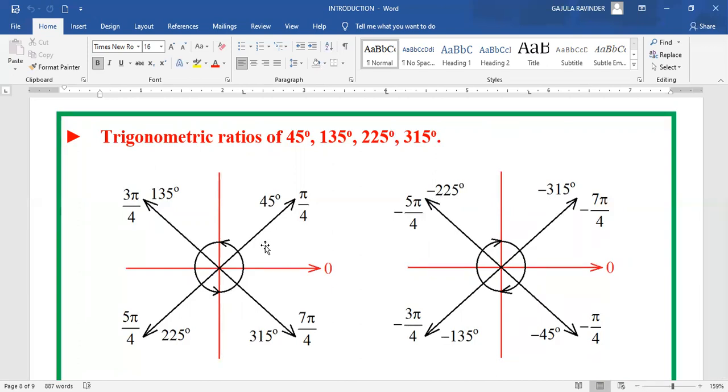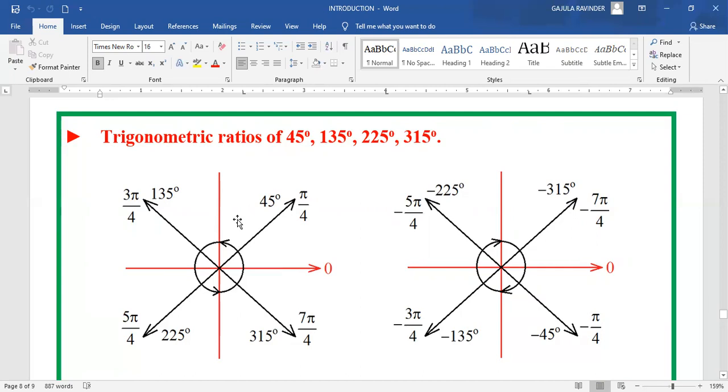Okay, friends, now at all these middles of quadrants, the absolute values of trigonometric ratios will be taken like this. Sine and cos will always be 1 by root 2. Absolute values only I am speaking. Sine means symbol: either plus or minus will be taken according to the quadrant.